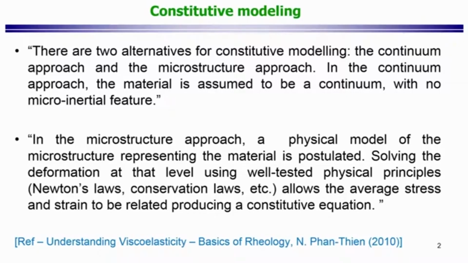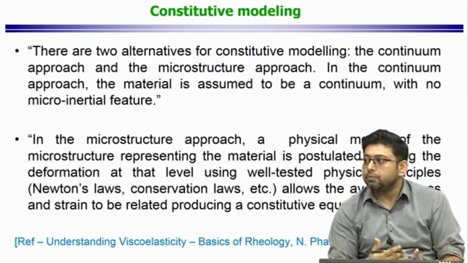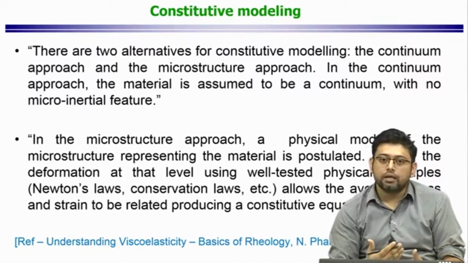But then there is the other side of it, where we take the microstructure, we assume that the molecular nature of the material is understood. Maybe it is a polymer where you have very large molecules, maybe it is a linear polymer, and then you can try to use first principles. Okay, so, you apply your first principles to that molecular structure.